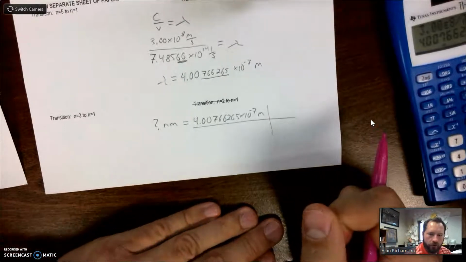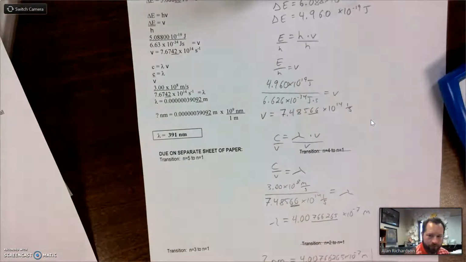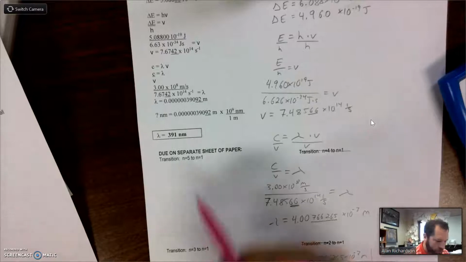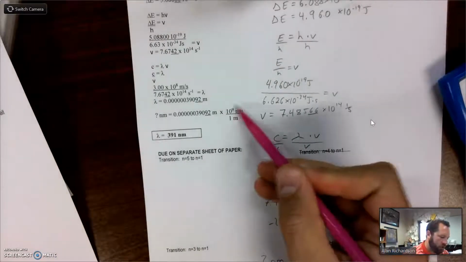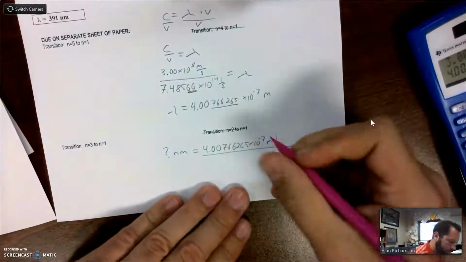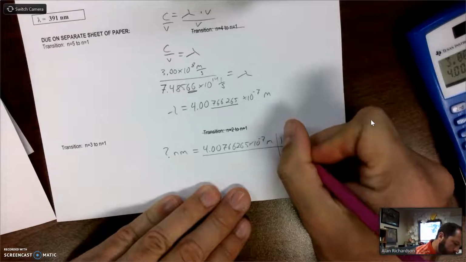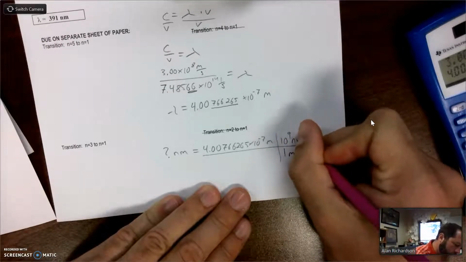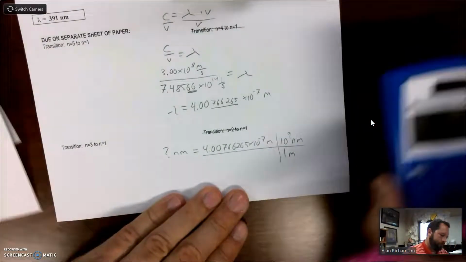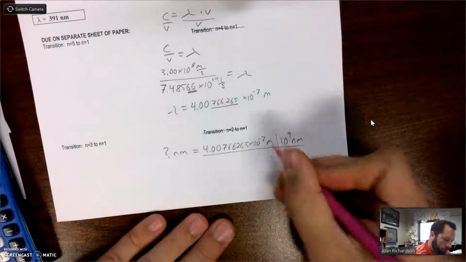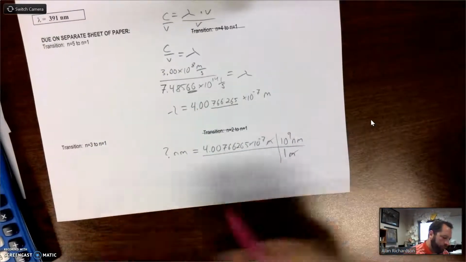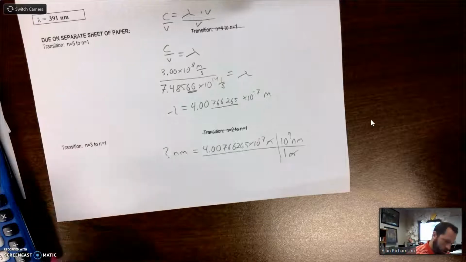If you don't remember your conversion from nanometers to meters, you can look it up and try to memorize it, or you can just look up above. We did that same calculation up above. So 1 meter has a value of 10 to the 9th nanometers. That'll get our meters to cancel out. We're left with nanometers, which is what we were looking for.